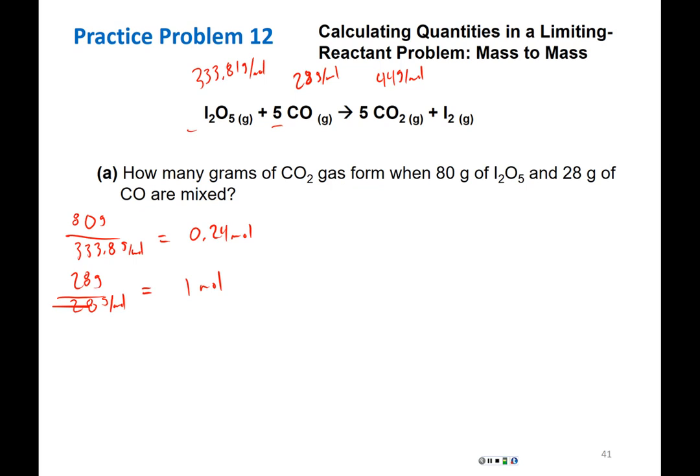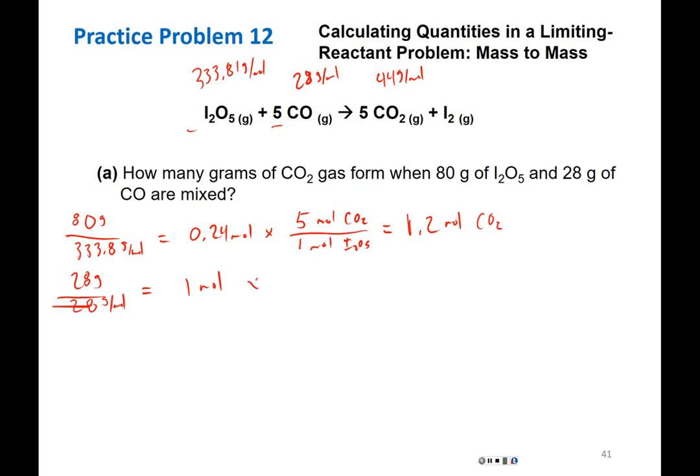So if we have 0.24 moles of I2O5, we multiply that by the ratio of 5 moles of CO2 divided by 1 mole of I2O5. And that gives us, let's do this quickly, 0.24 times 5, 1.2 moles of CO2.